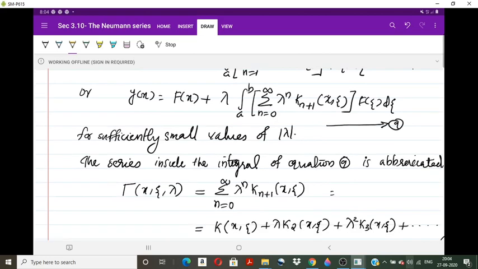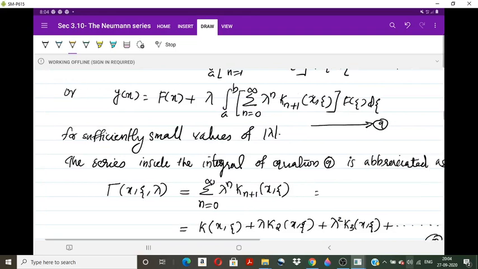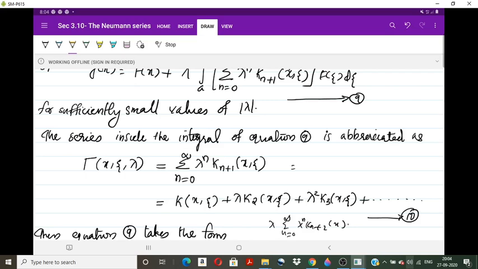So the reciprocal kernel is gamma of x zeta lambda, and this is expanded as K of x zeta. First, when n equal to 0, it will be K1 of x zeta, that is K of x zeta, then lambda K2 plus lambda square K3 plus lambda cube K4 plus etc. So this will be the series.